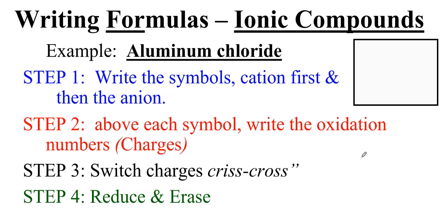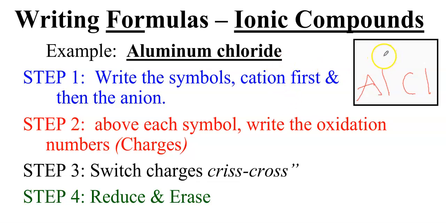All right, so we just did naming. Formula writing is, I think, easier than naming. So here is another example. Step 1, we're going to change the name to symbol. So aluminum is Al, chlorine is Cl.